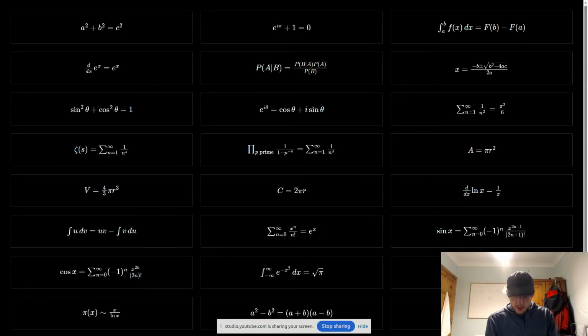The coefficients are unsurprisingly called the binomial coefficients. And n choose k is the same as n choose n minus k, as stated earlier. The formula for n choose k is n factorial over n minus k factorial times k factorial.